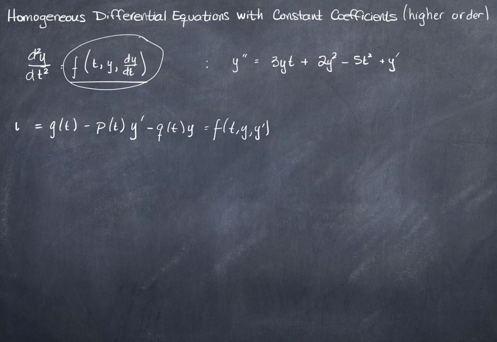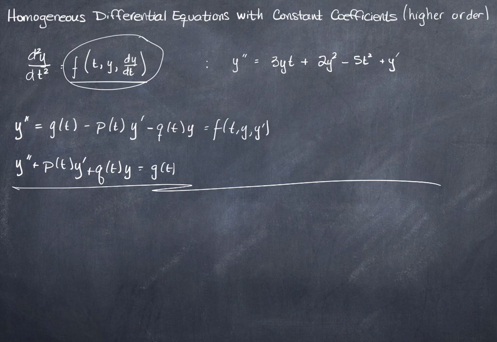And I've been saying that that's equal to y double prime. If I now reorder this so that I have y double prime plus p of t times y prime plus q of t times y equals g of t, I have this second order differential equation in something like a standard form.